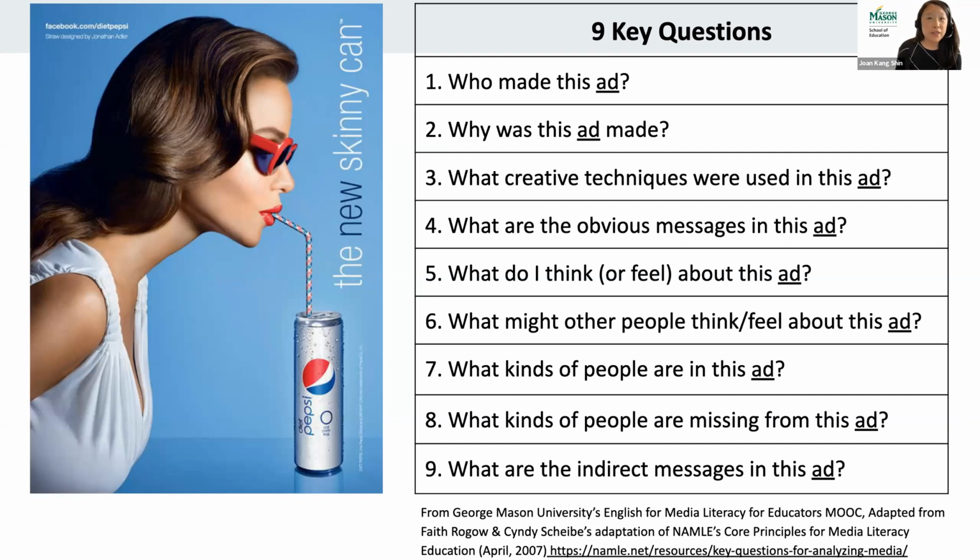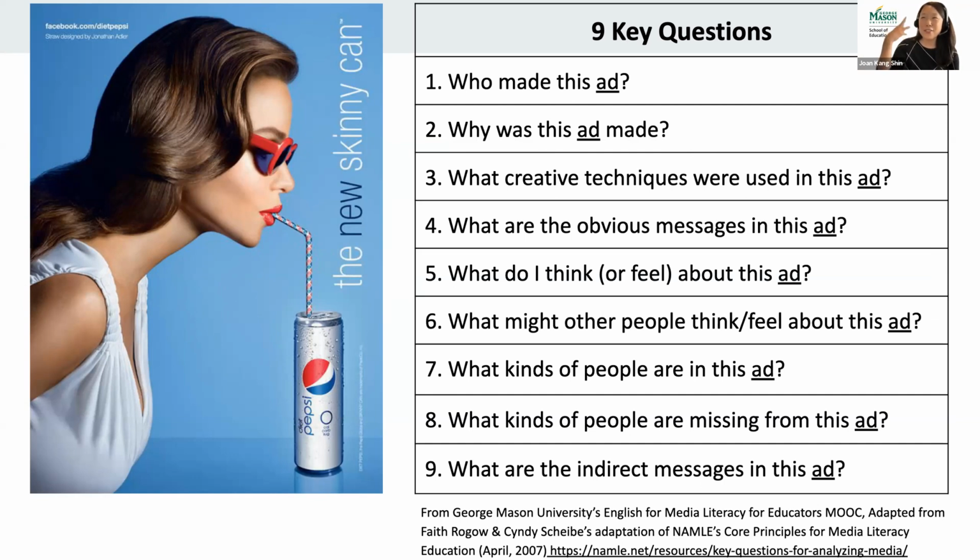What are the obvious messages in this ad? What do I think or feel about this ad? What might other people think or feel about this ad? What kinds of people are in this ad? What kinds of people are missing from this ad? And also, what are the indirect messages in this ad?